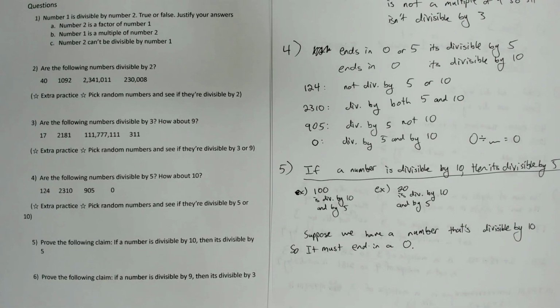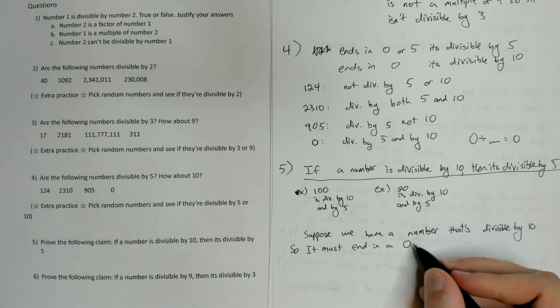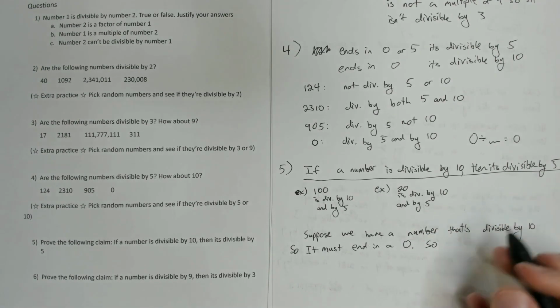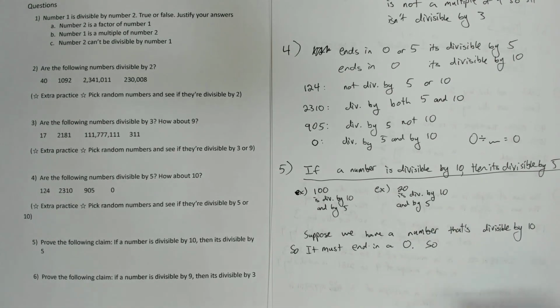Okay, that's good. But the thing is, now we want to show the number is divisible by 5. But how can we go about doing that? Well, what are the rules for being divisible by 5? The number ends in a 0 or a 5. But the number ends in a 0, right? So that means it's going to be divisible by 5 since it ends in a 0.